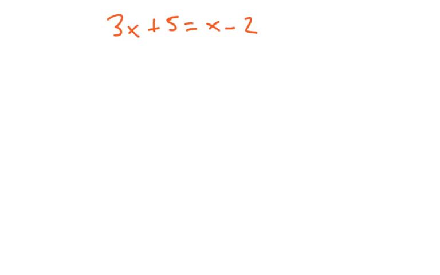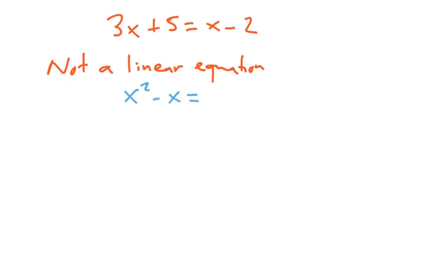Here's one that is not a linear equation. And we've already seen this one, as it turns out. x squared minus x is equal to 6.